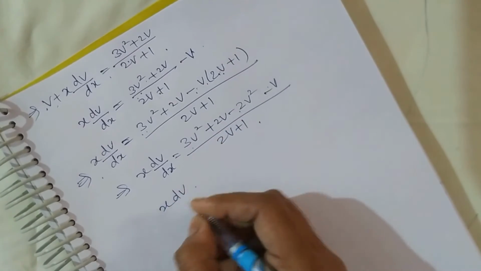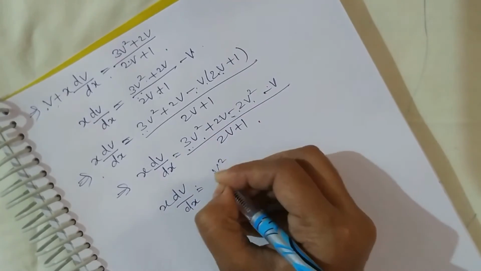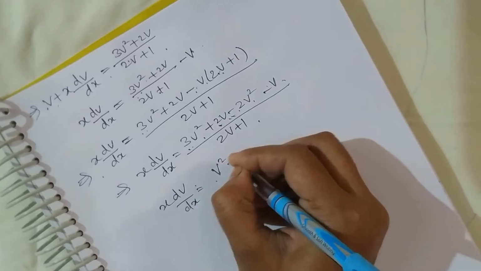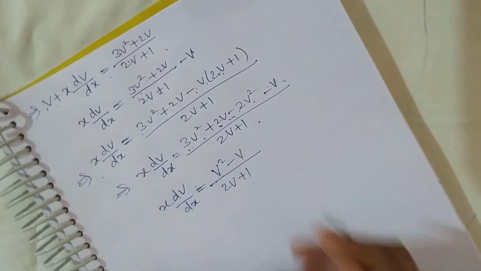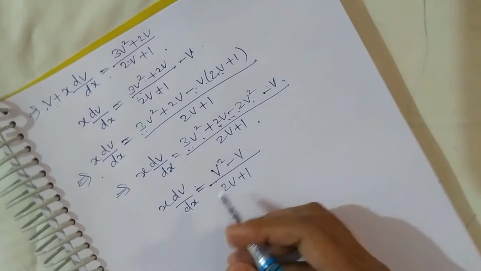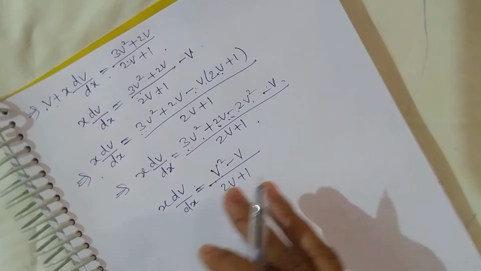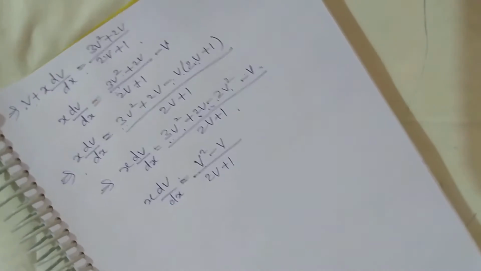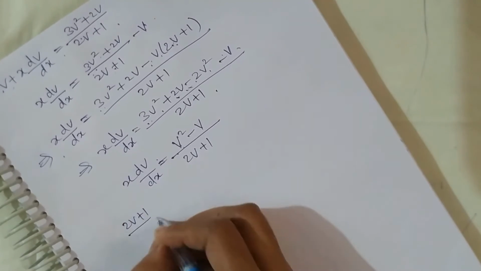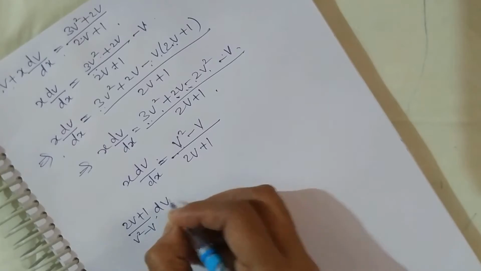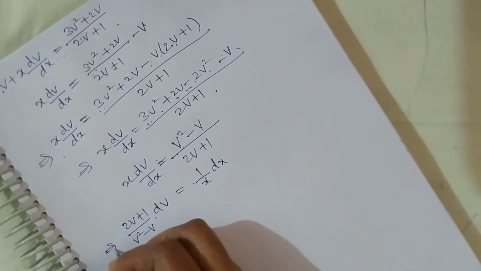Therefore, x dv upon dx is equals to 3v square minus 2v square is v square and 2v minus v is v. Therefore, upon 2v plus 1 we get. Now, separating the terms of v on left hand side and the terms of x on right hand side, we get 2v plus 1 upon v square minus v dv is equals to 1 upon x dx.